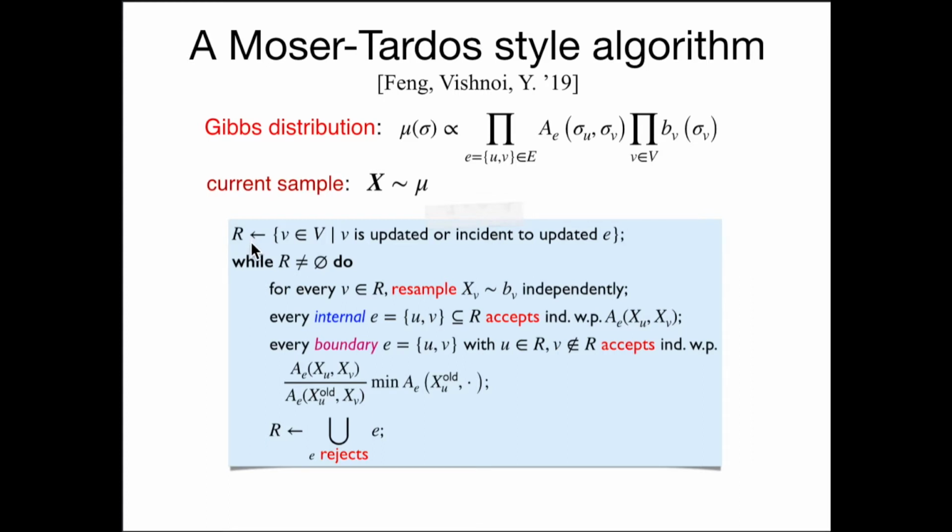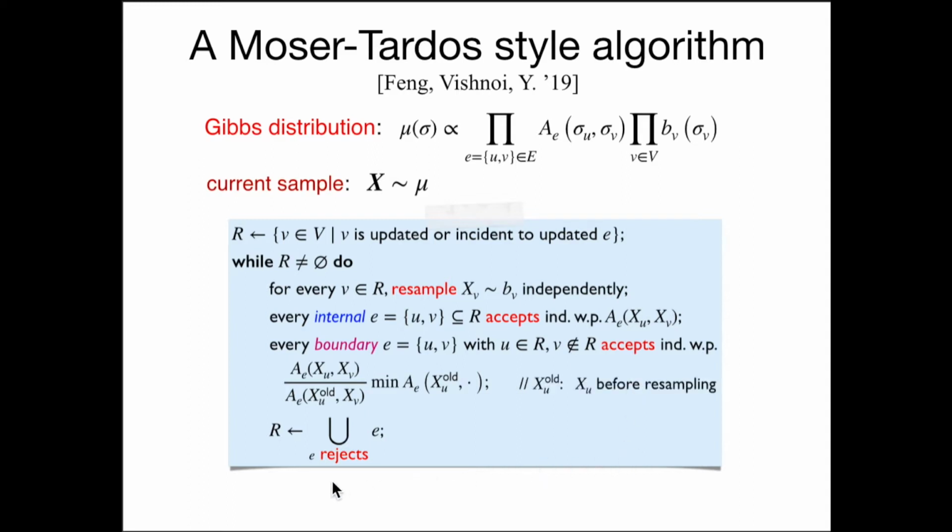While this R is not empty, in each iteration, first, for all vertices in R, we resample their spins independently according to the local field. And then every edge incident to these resampled vertices, no matter whether having both vertices resampled, thus an internal edge, or having just one vertex resampled, thus a boundary edge, no matter in which case, every such edge needs to recheck whether to locally accept or reject the new sample by flipping a biased coin.